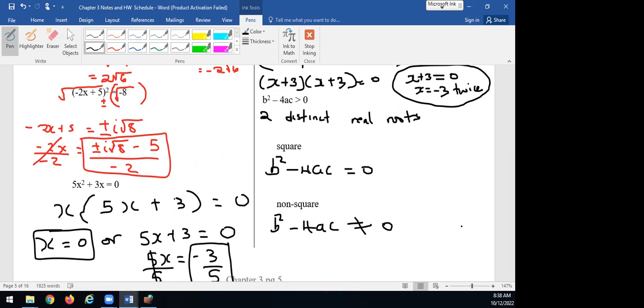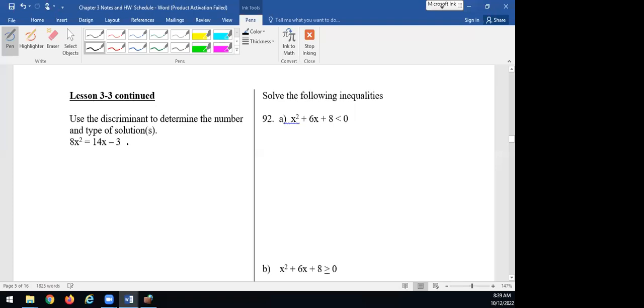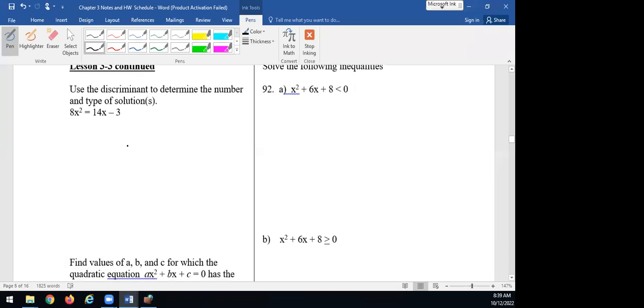Let's do an example. Use the discriminant to determine the number and type of solutions. Now, when I get these problems, pay attention, everybody. You have to make sure that you write it first in the standard form, so you can get what your A, your B, and your C values are. So in this case, we're going to have 8x squared.